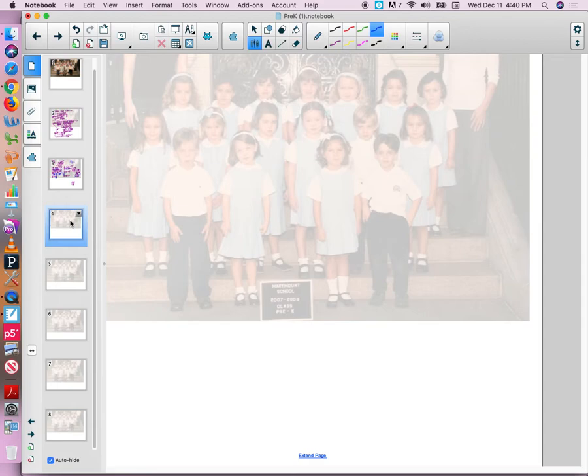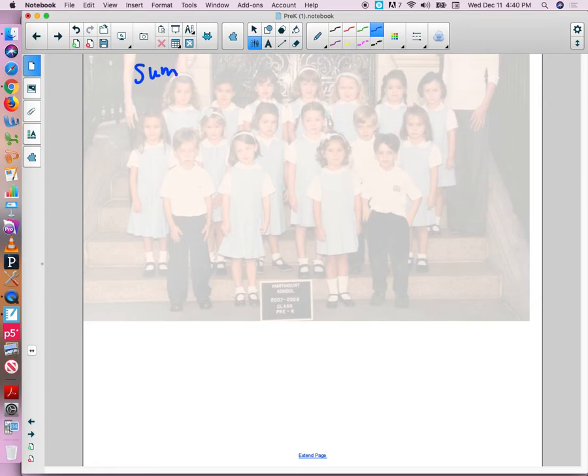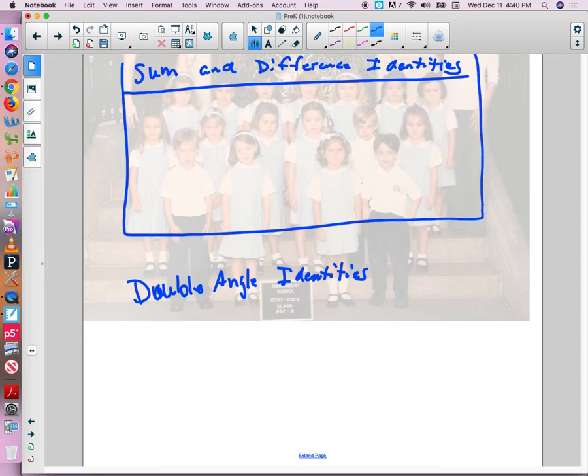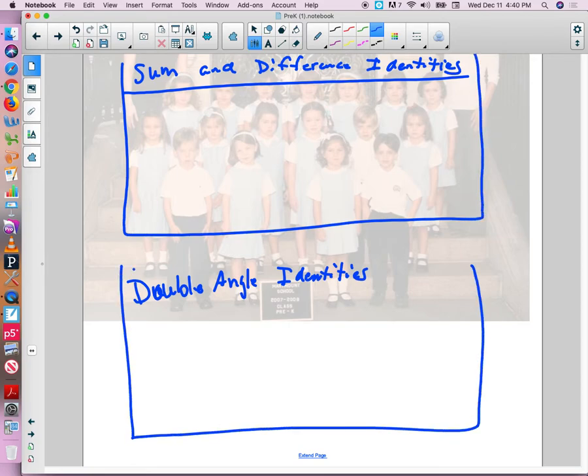Let's pause for a minute and write them on your memo page. So on your memo page, you want to put the sum and difference identities and the double angle identities. Okay.